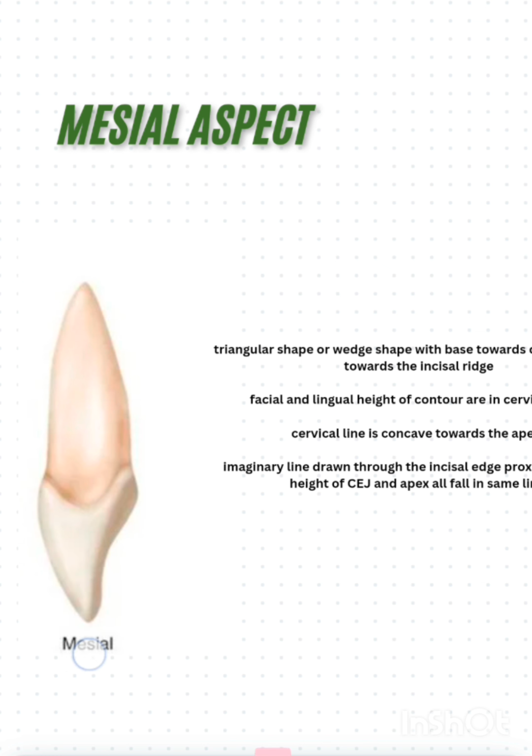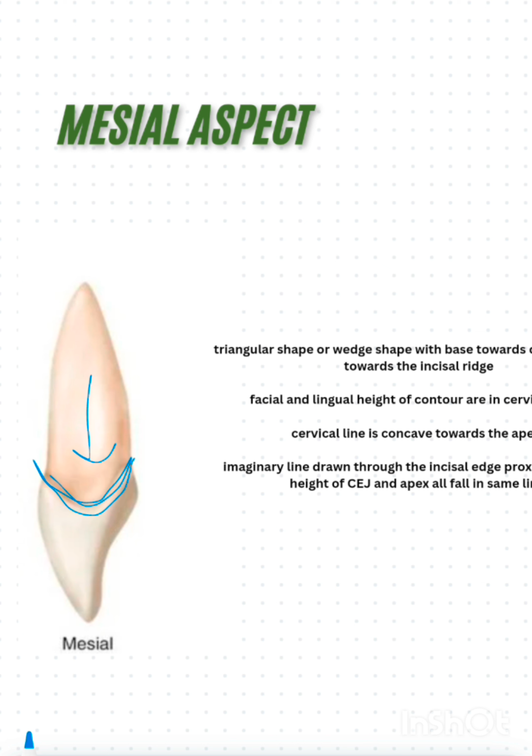Okay. Now here we see the cervical line. The cervical line is concave towards the apex, but we have seen in the labial and lingual side it is convex towards the apex. Here it is concave towards the apex, and it is generally true for all the teeth at the mesial and distal side.